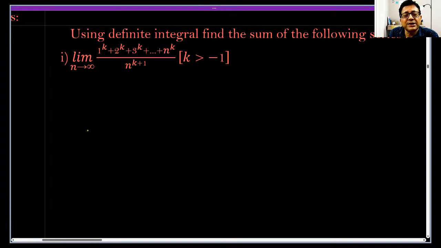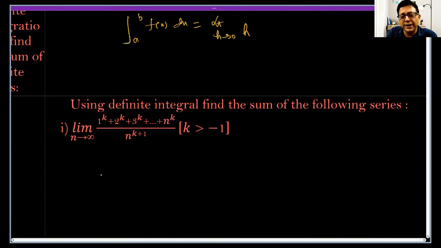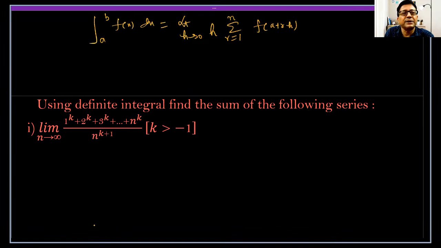I just remind you one thing, that when you are doing this, you should remember a to b f x dx we have written as limit h tending to 0 h. We did it or not. So this definite integration is actually summation of this series. This series h is tending to 0. Nowhere is it written that n is tending to infinity, but we can make it.